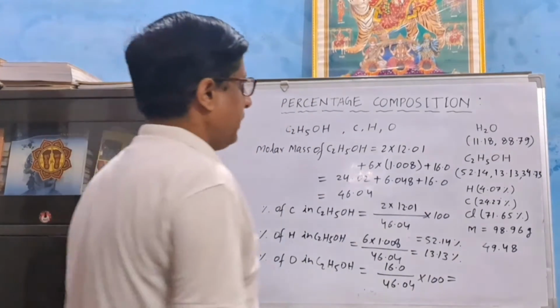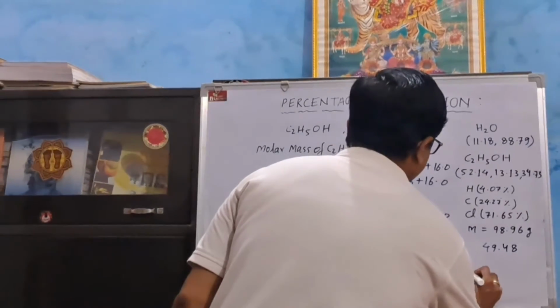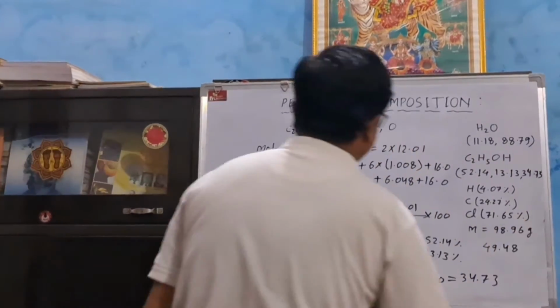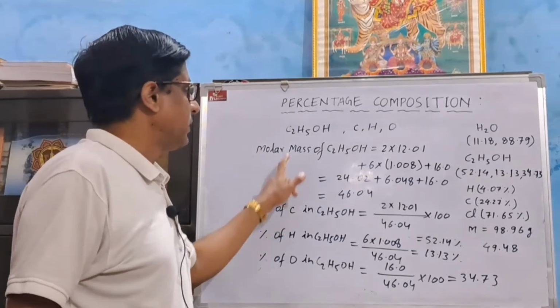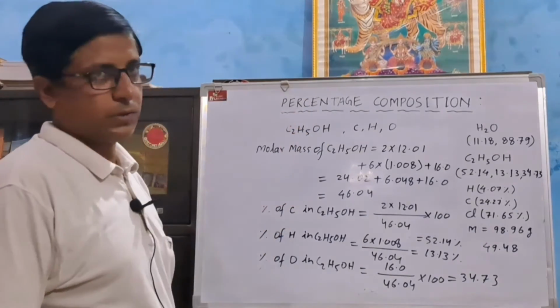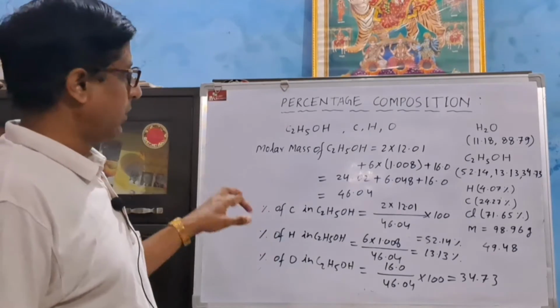This comes out to be 34.73. Thus, we have determined the mass percentage of carbon, hydrogen and oxygen in ethanol.